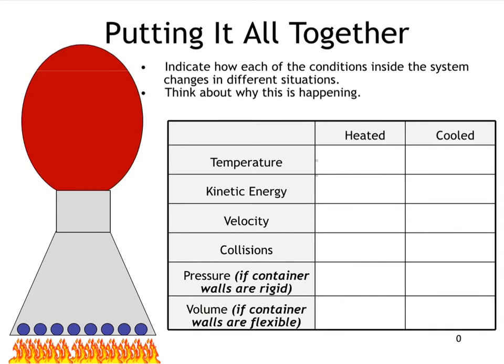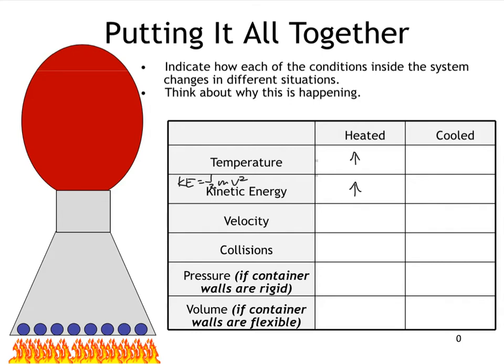So this slide is going to sort of help us put it all together. So let's say that you're heating a substance. That means the temperature is increasing. And increasing the temperature is the same thing as saying that you're increasing the kinetic energy. Kinetic energy is, I'll put the equation here, 1/2 mv squared.